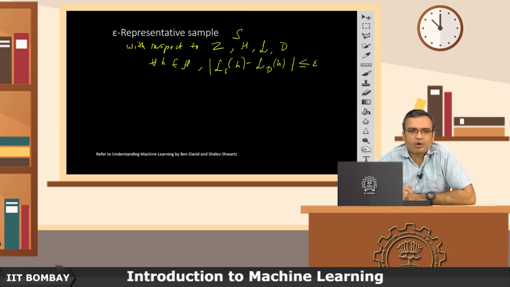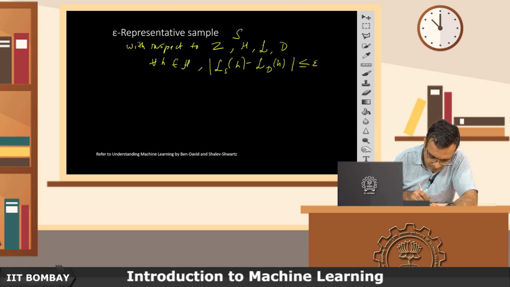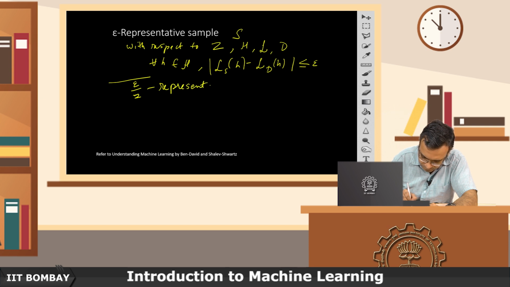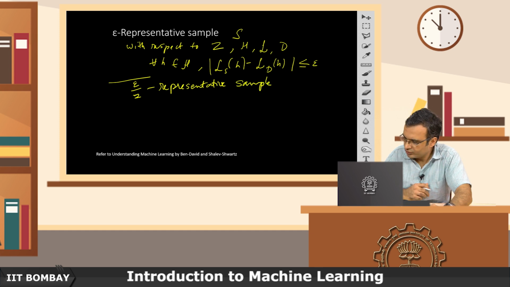So what is the probability of drawing an epsilon representative sample? Can we tie it to the sample size? If we say that that probability has to be lower bounded by 1 minus delta, so let us say we have an epsilon by 2 representative sample. How can we link it to the size of the sample?